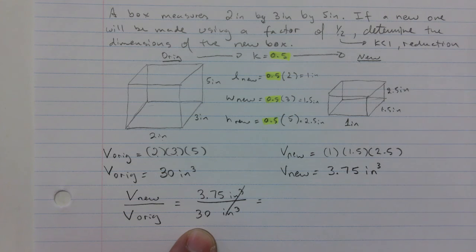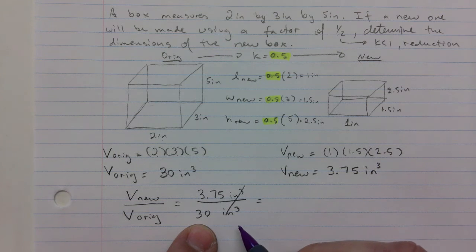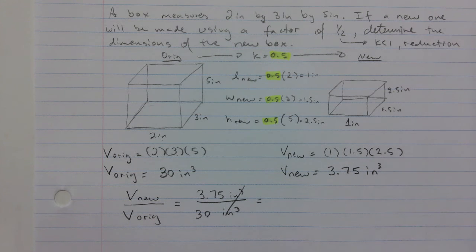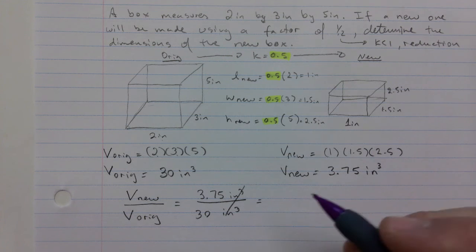In this particular case, I will make a little change here to our strategy. I'm just going to massage this a little bit so that you see exactly what happens here.